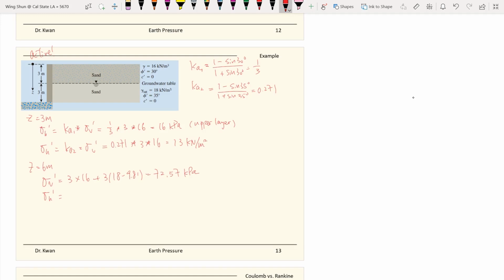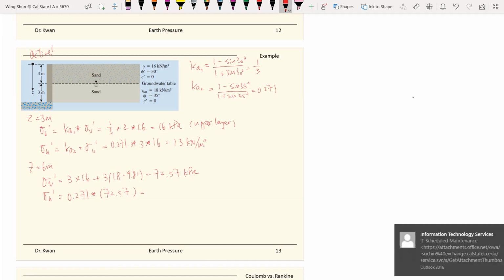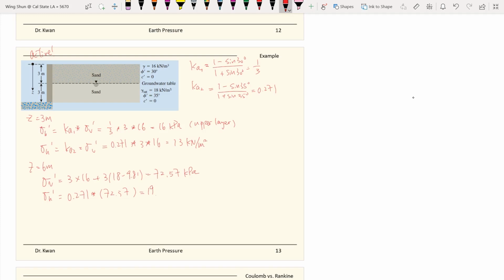The Ka value belongs to the bottom layer, and the Ka2 is 0.271, and then times the vertical stress that we just calculated. So this time the horizontal stress would equal 19.06, sorry, 19.67 kilopascal.